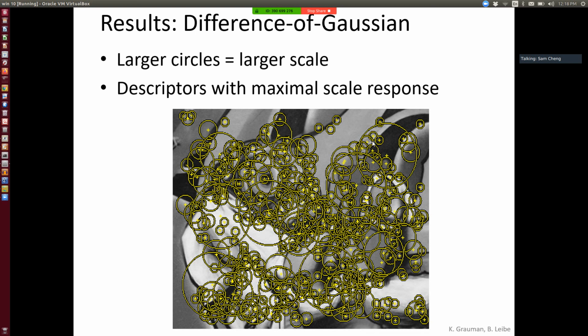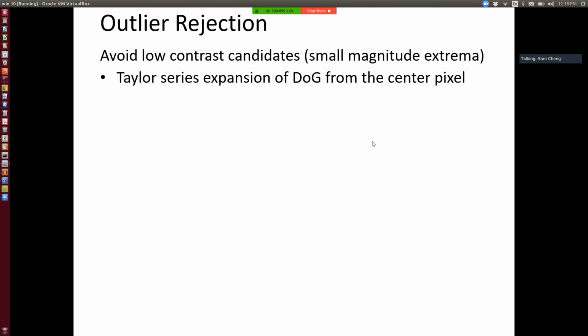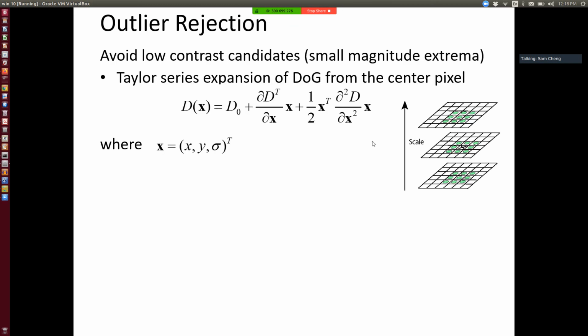Again, similar to the Harris corner detector, we want to filter and remove some of these candidates, that is, some outlier rejection. One way proposed in the paper: given a local maximum, this is just a numerical maximum, bigger than all the rest of its neighbors.